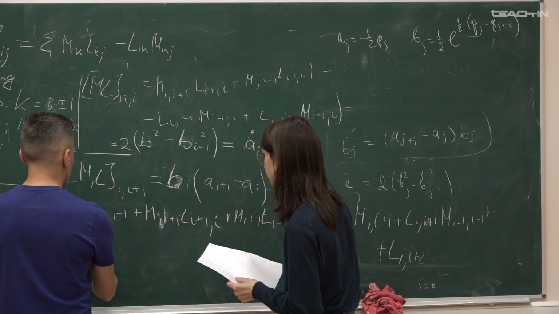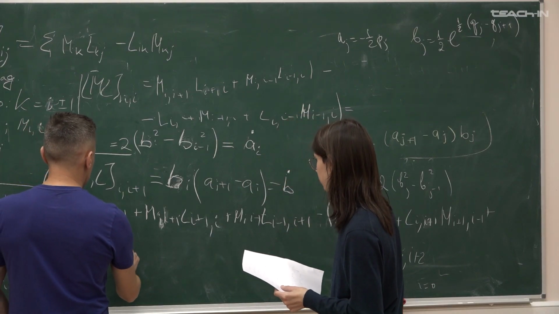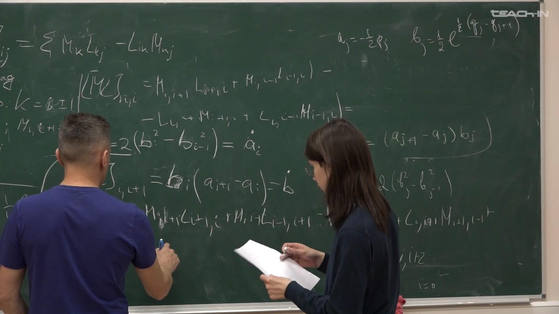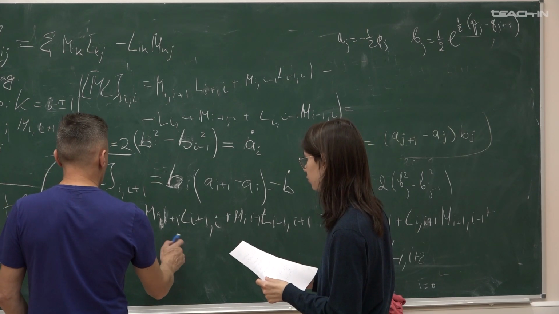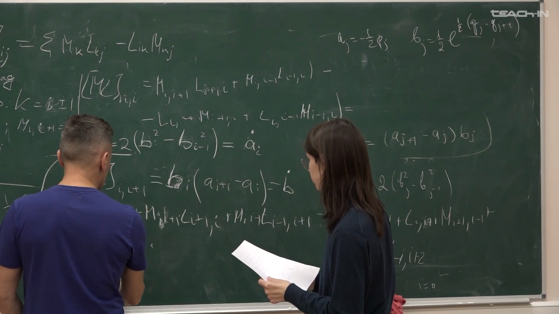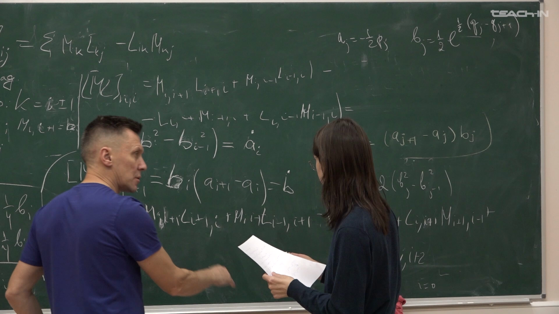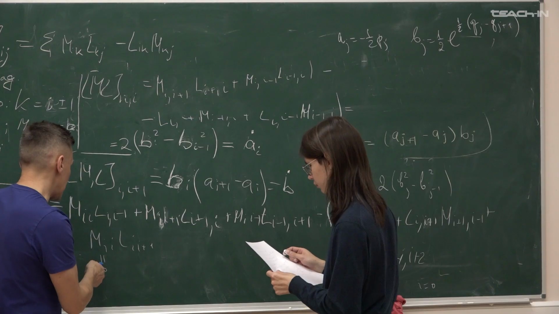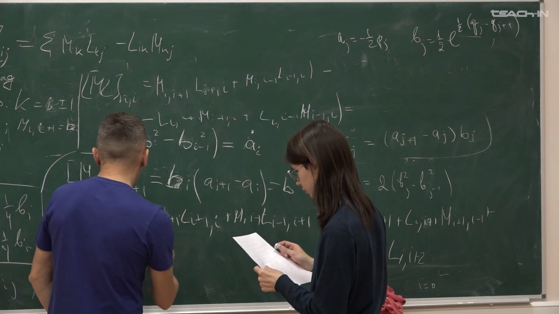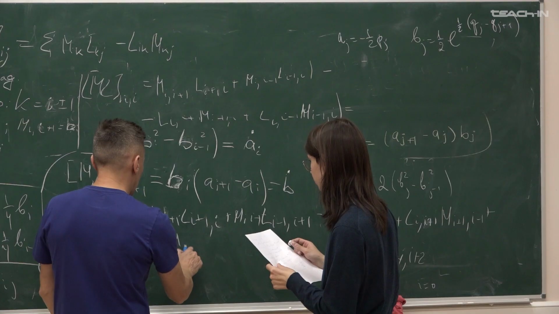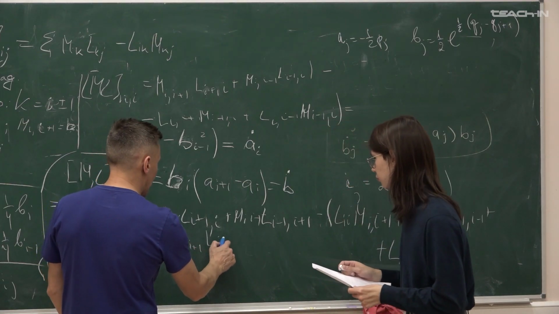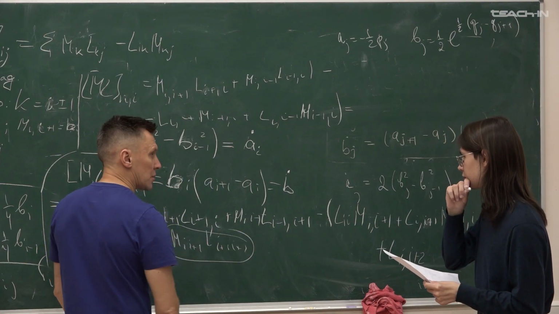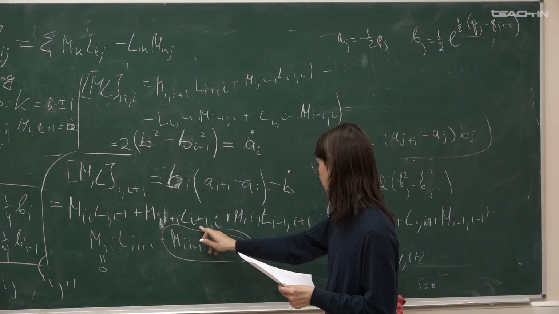I think it's more natural to consider M_ii, L_i,i+1, but which is 0 because M has no non-trivial element on the diagonal, so it's M_i,i+1, L_i+1,i+1. So this element is not trivial.